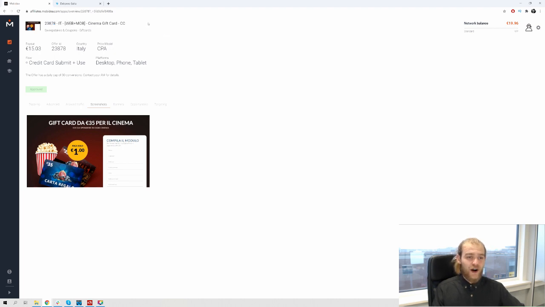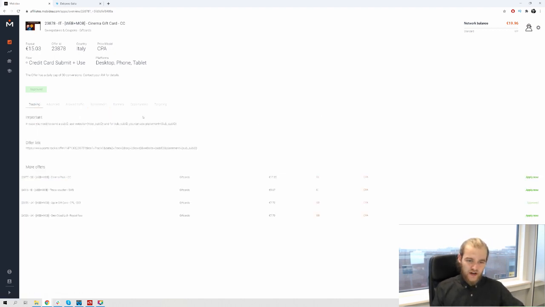A cinema gift card, credit card submit, and the payout is 15 euros. Like I said, it's been running in Italy and all desktops are available. So this is it, gift card, 35 euros. Basically you get a gift card for 35 euros to spend in one of the cinemas, and you will be charged 1 euro to get a chance on winning that gift card.